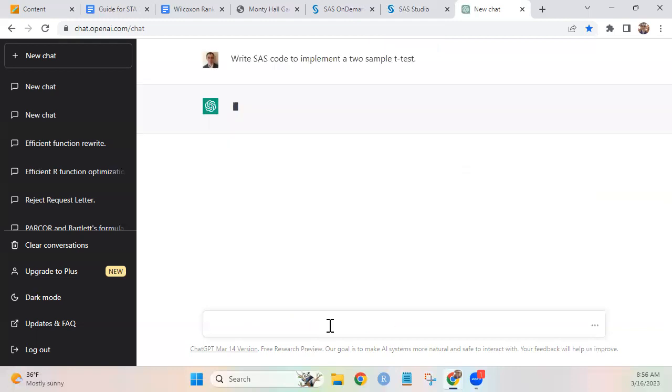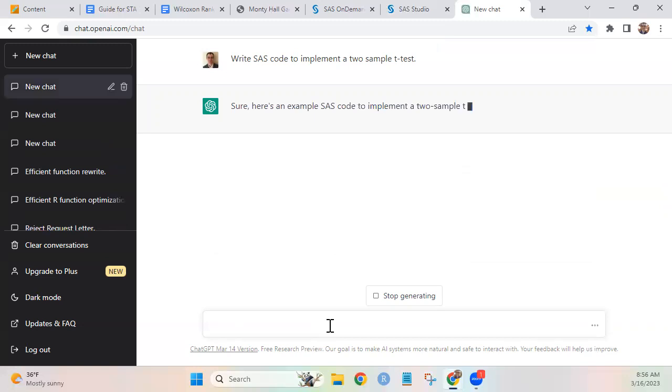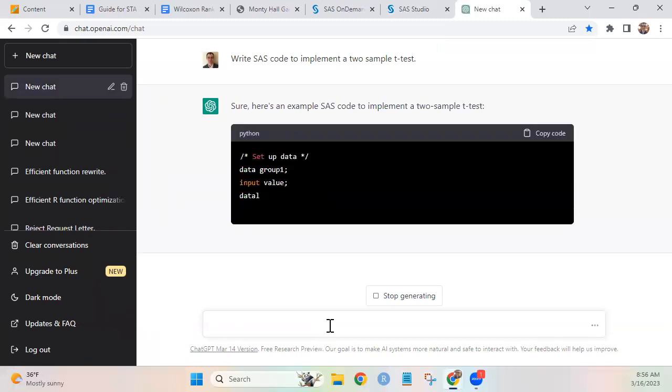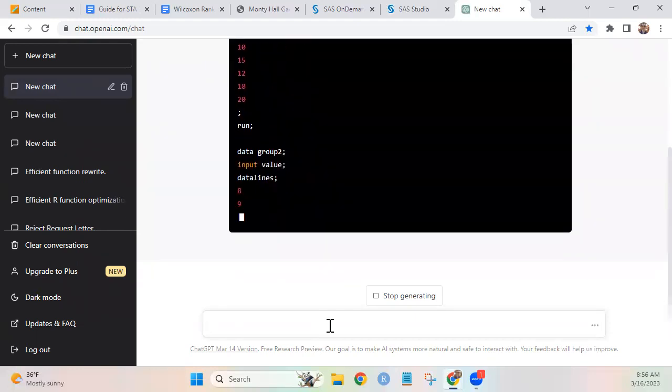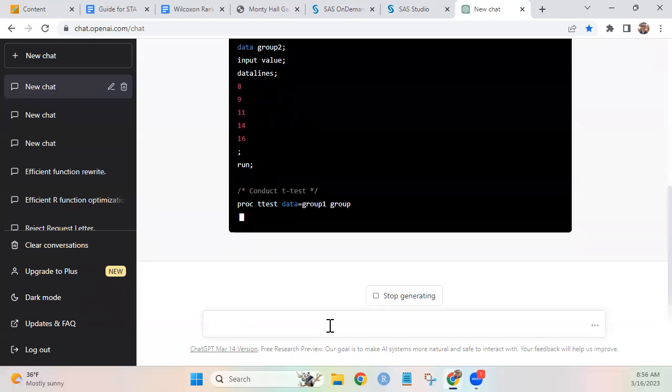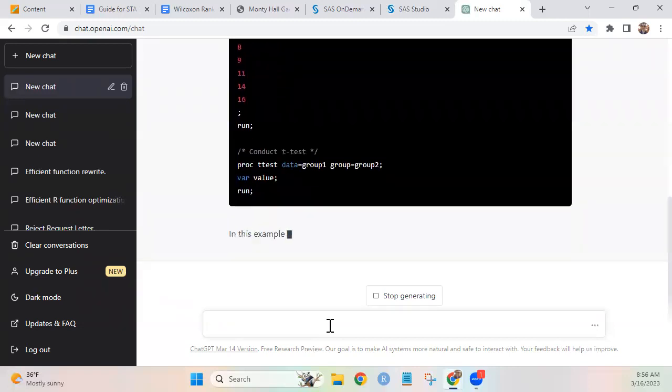If you were trying to figure out how to do something new in SAS, maybe especially something we didn't cover in this class, then this works pretty well. Okay, so it's making a fake data set. Two fake data sets. Well, that's interesting. I don't know if that syntax would work.